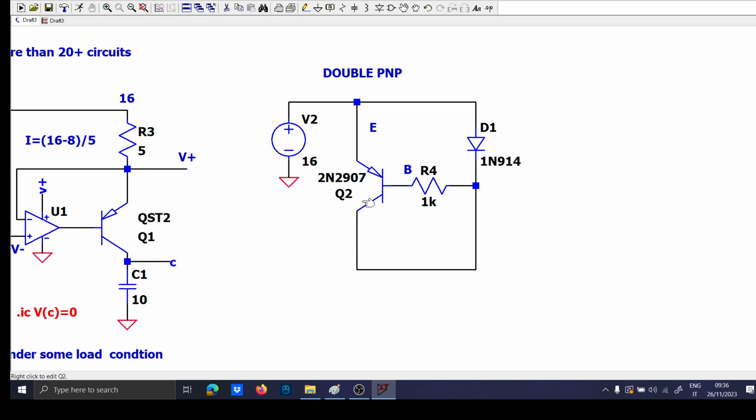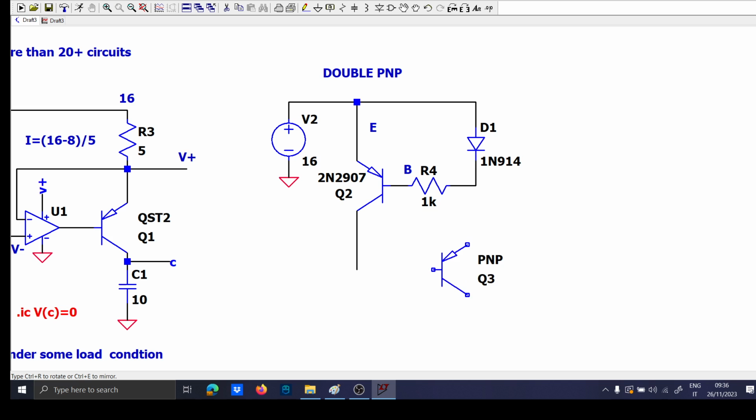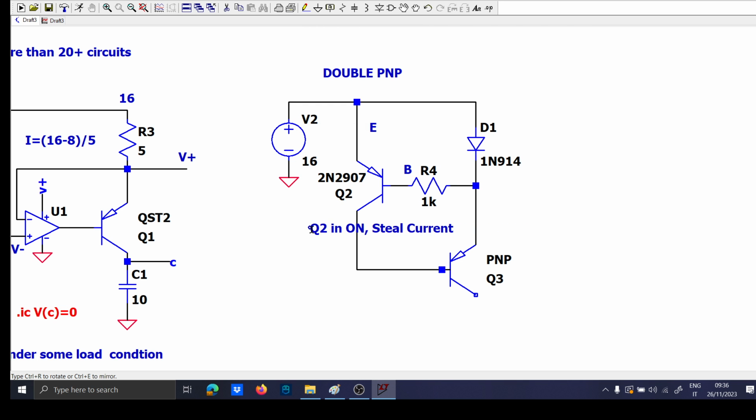The purpose of this transistor is that it can steal current from an active device, and to do that you should put another PNP, and now this pair is going to work for a very simple reason. When the transistor Q2 is on, it will steal current from this device here, and that will limit the current which is flowing in Q3.